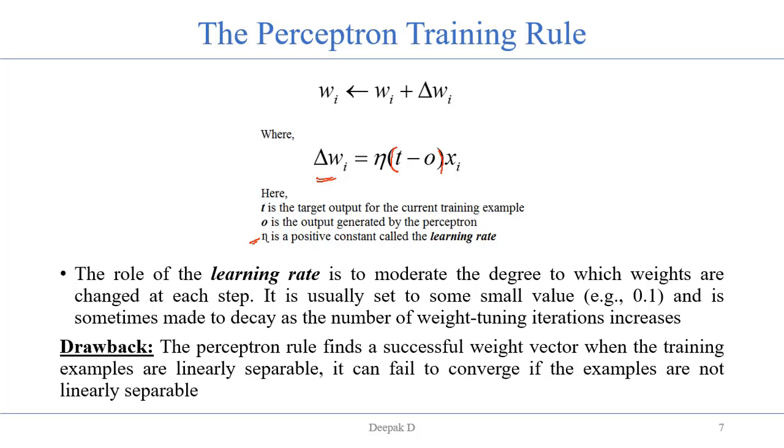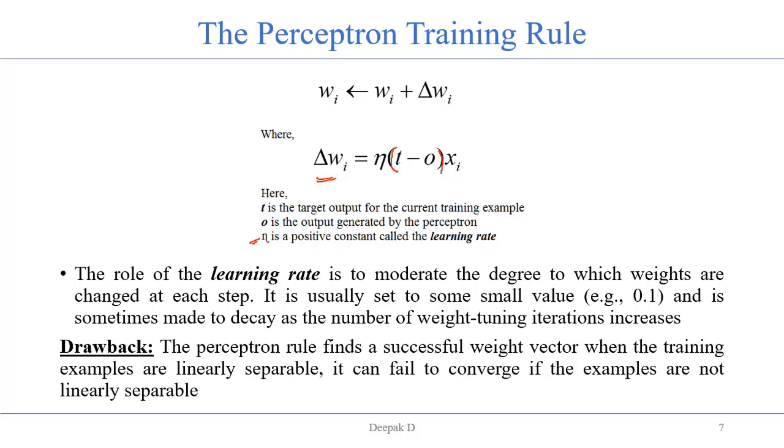The role of the learning rate is to moderate the degree to which weights are changed at each step. We usually keep it small, sometimes 0.1, and it is sometimes made to decay as the number of weight tuning iterations increases.